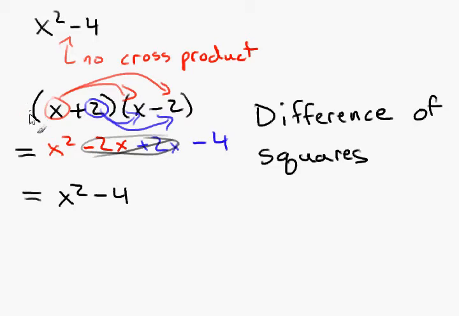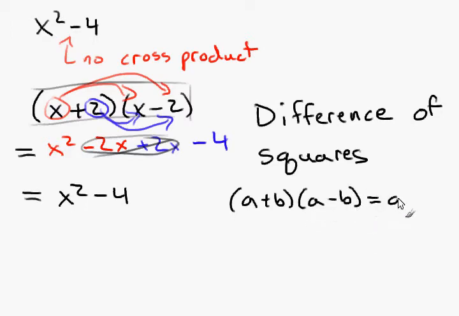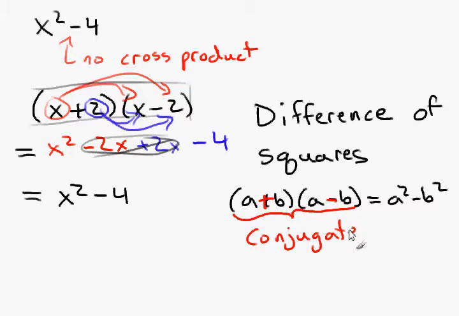And it arises from something like this. A plus b times a minus b is equal to a squared minus b squared. Because 1 is a plus and 1 is a minus, these two binomials here are called a conjugate pair.